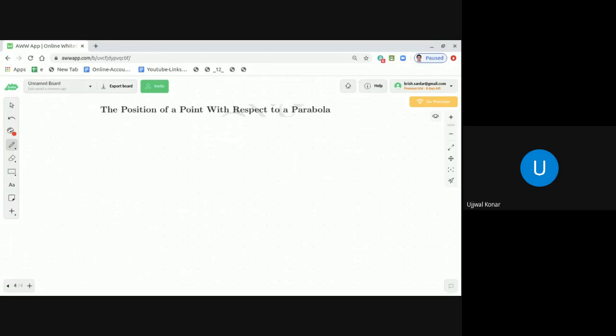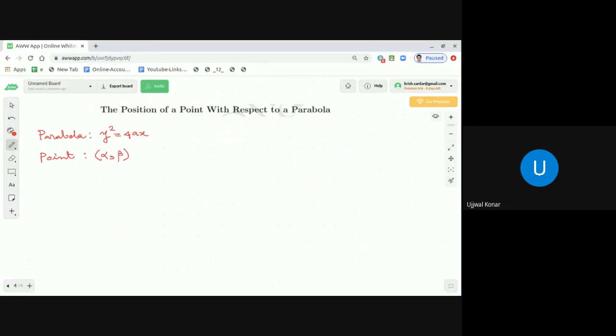Okay, that means what? What is the equation of a parabola? So the equation of a parabola is given to you as y square is equal to 4ax, and a point is given to you. What is the point given to you means its coordinates are given to you, alpha comma beta.